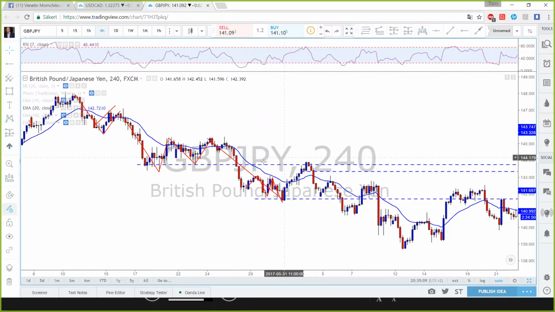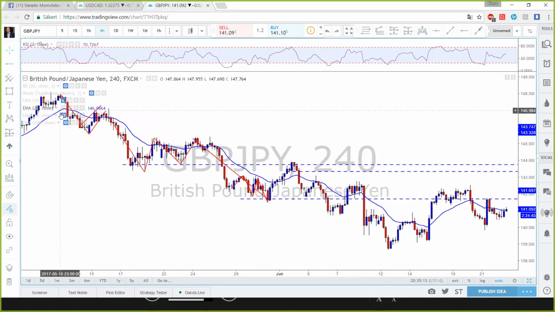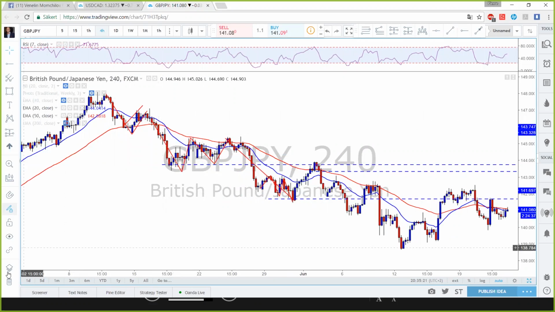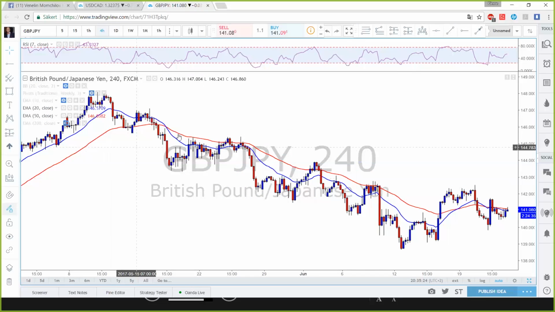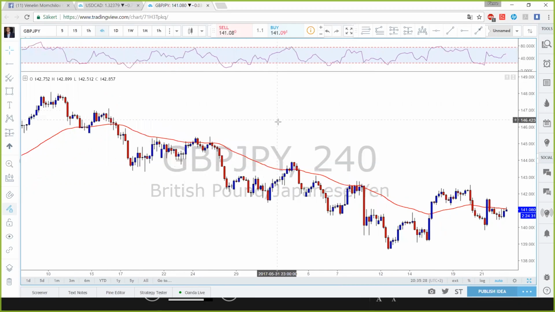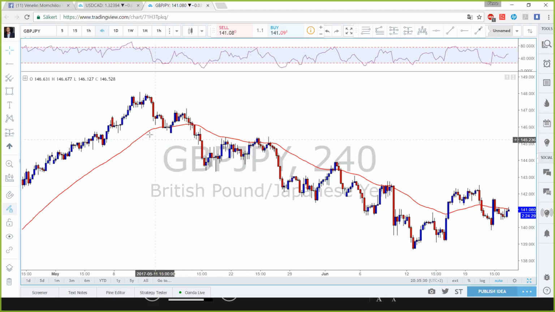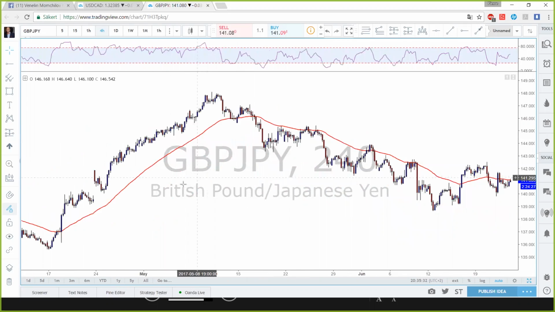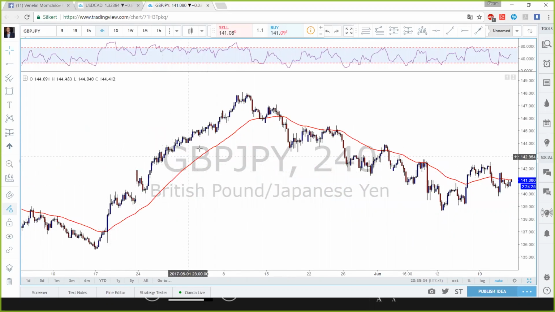It wasn't respected a lot, as you see, but if we put the 50, the red one, in this market condition the 50 looks to work well, as you see here. For this whole time, the price never touched the 50.